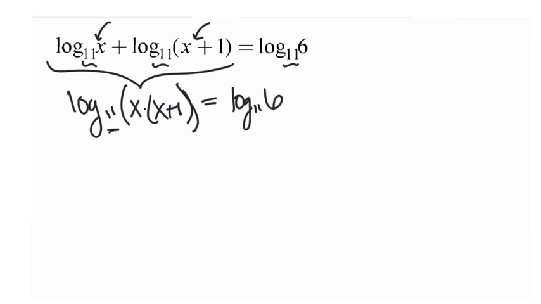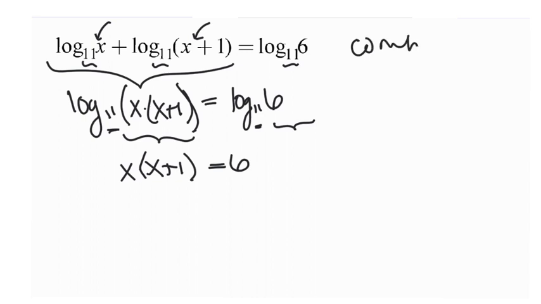Since these two are still equal, I know that what's on this side equals what's on this side. So now I have x times x plus 1 equals 6. That was my first step, combining. And then my second step was to set them equal because they have the same base. So this is x squared plus x equals 6.